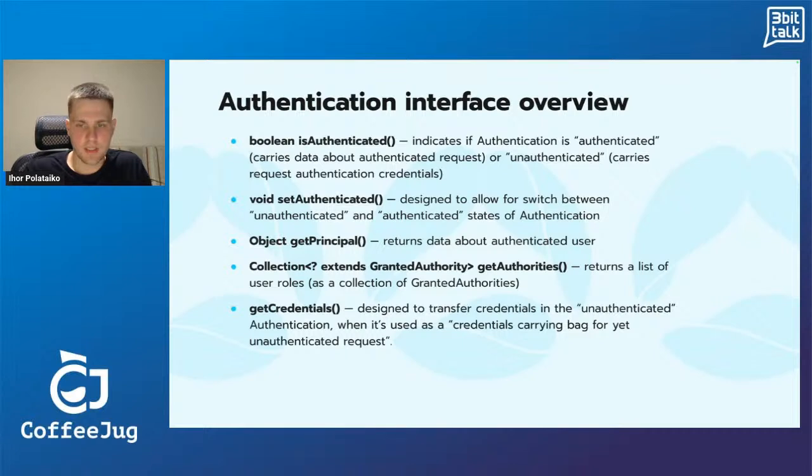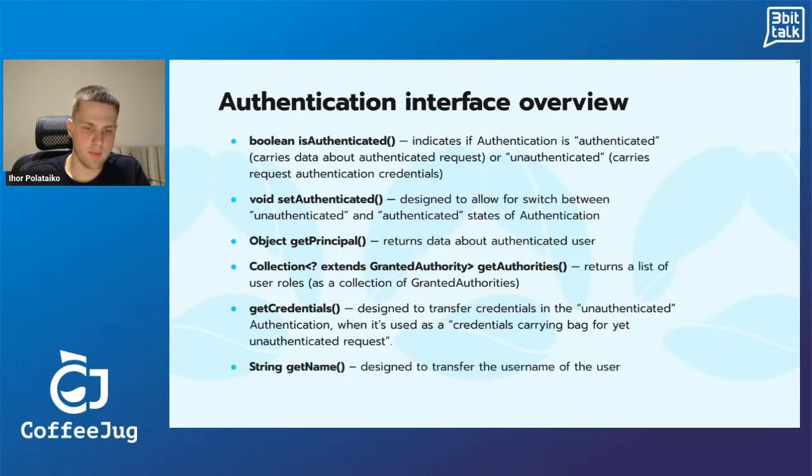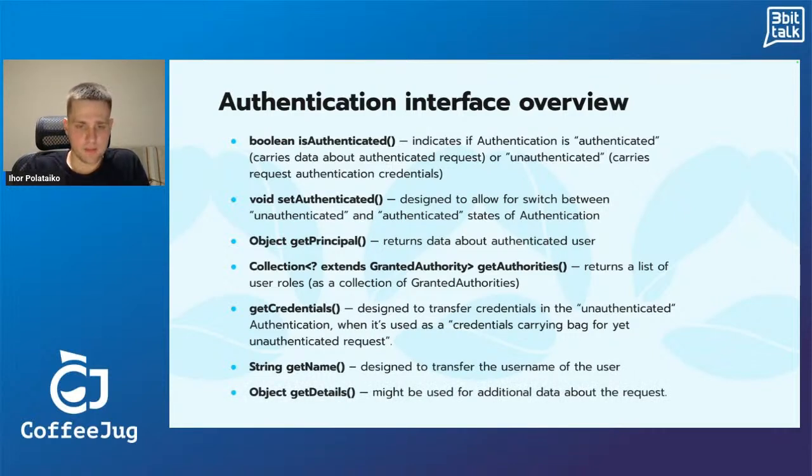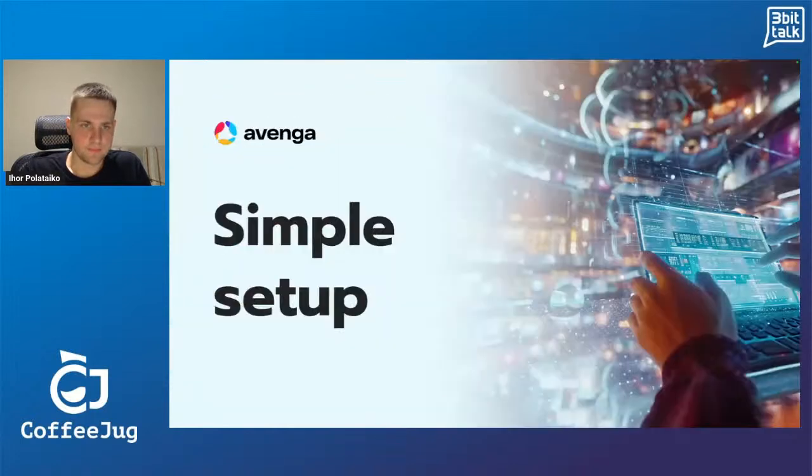There is a method getCredentials, which is relevant for unauthenticated authentication, and it returns credentials of the current request. Also, there is a method getName, which is designed to return you username of the current user, and method getDetails, which might return you additional details about the request.